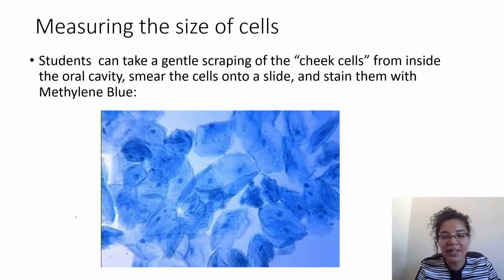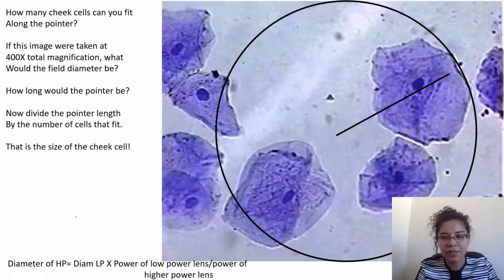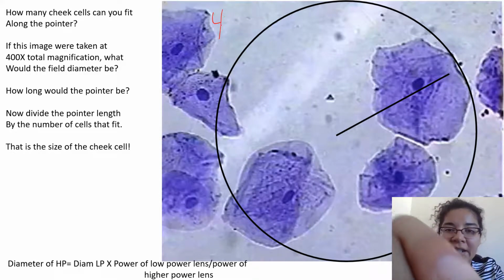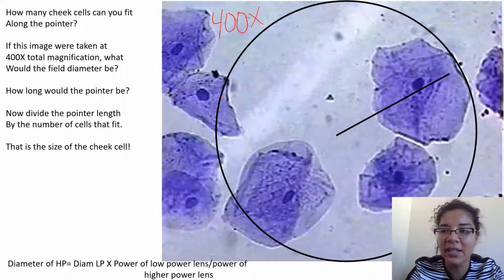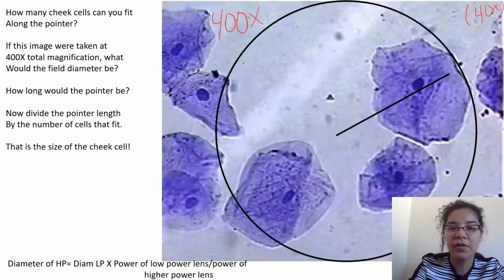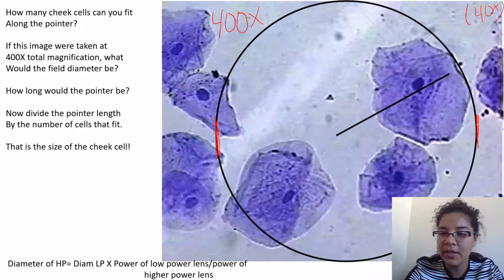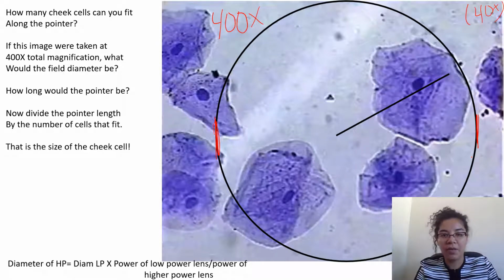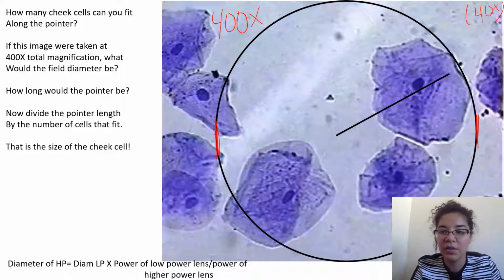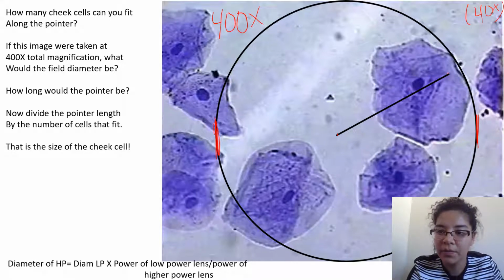We want to calculate the size of one epithelial cheek cell. Here's the image you would see, with cells magnified 400x, so we're using the 40x objective. Your field, what you would see under the microscope, is outlined by this circle in black. How many cheek cells can you fit along the pointer? The pointer is right here.